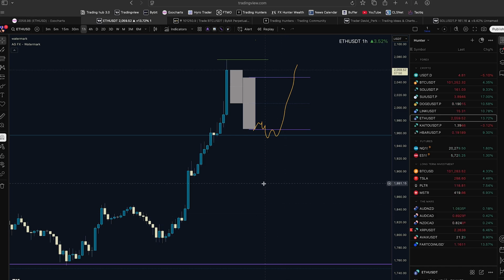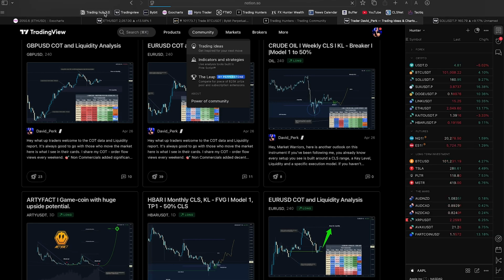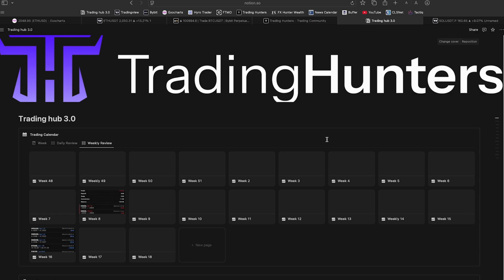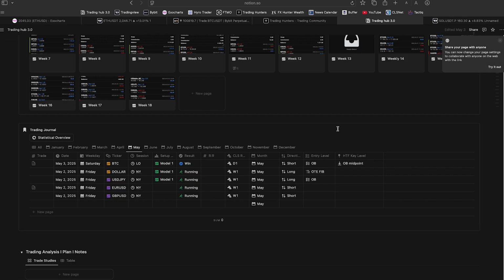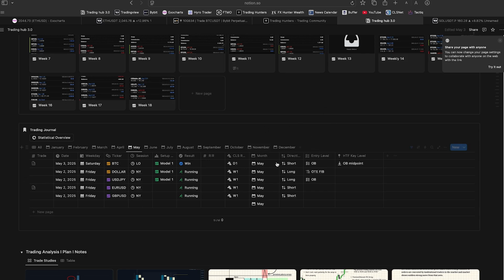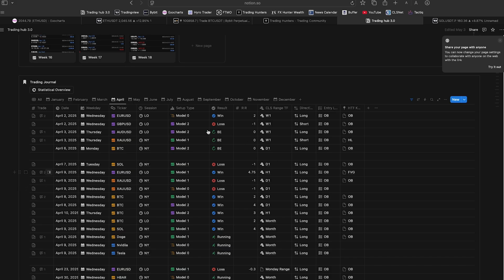So what's your solution? It's basically having this, which is a trading journal. You need to have your trading journal where you follow all your steps, right? All your trades, you need to write inside all your trades, right?